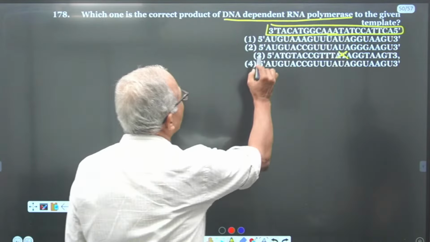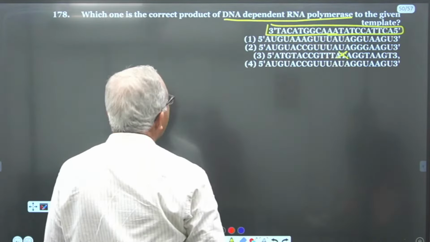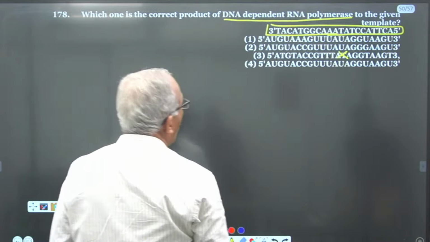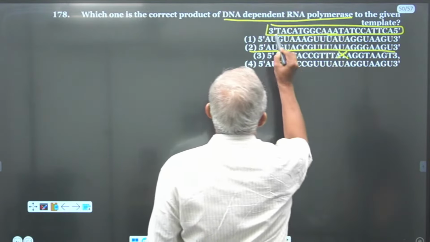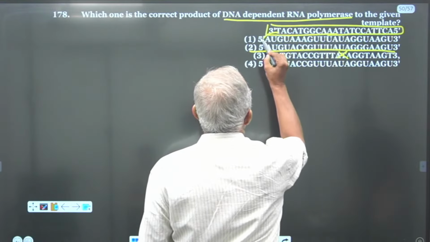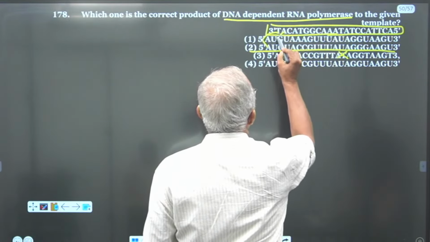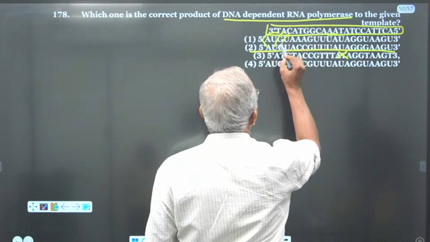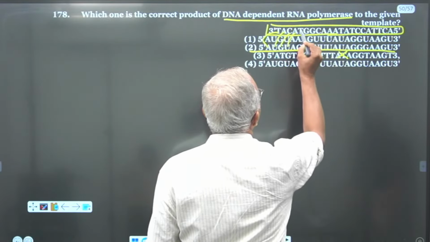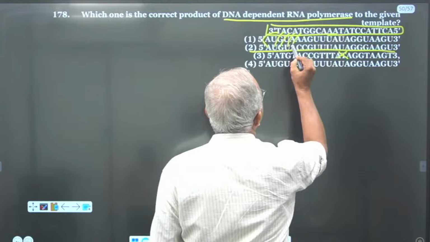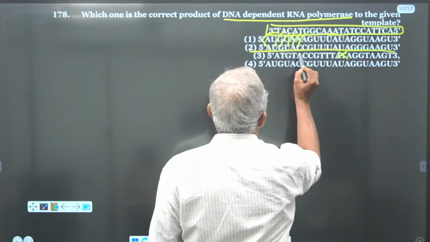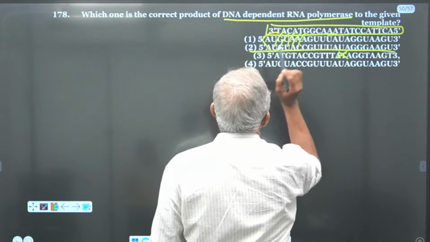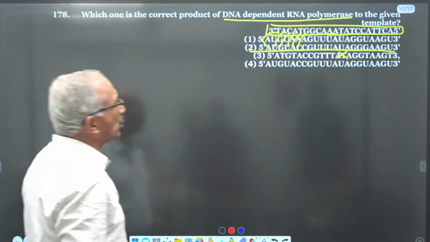You can try at least writing the first 5. The complementary base of T is A, A is U, C is G, A is U, then T is A, G is C. Compare the first 5 and we will get the answer. Answer is 2.